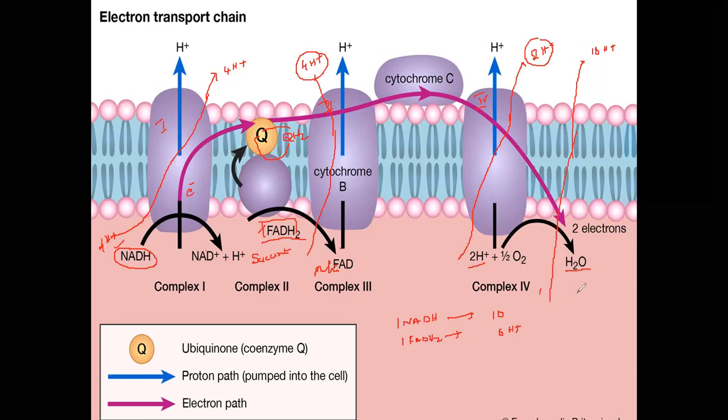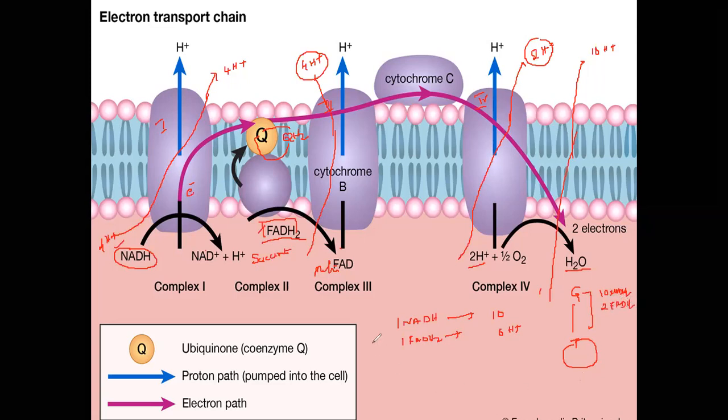When you look at the process from glycolysis to the tricarboxylic acid cycle, during these two processes, 10 NADH2 molecules are produced and 2 FADH2 molecules are produced.